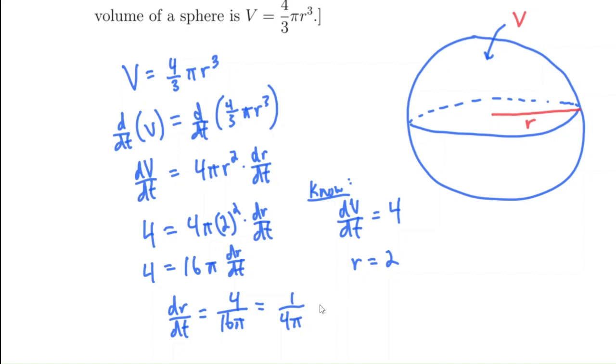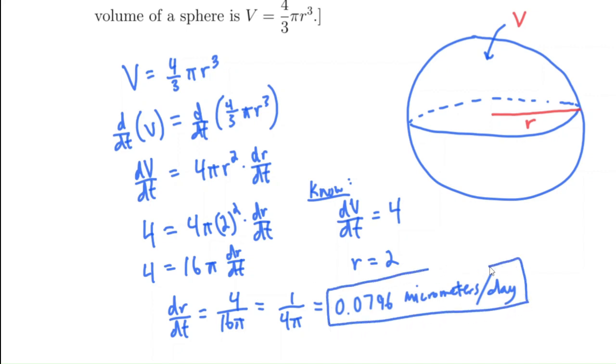Now, if you use a calculator, you can see this is really 0.0796, and this would be micrometers per day. Okay, that's the rate of change. So this is rounded to 4 decimal places here. That's the rate of change of the radius. Okay, 0.0796 micrometers per day. That's how fast the radius is changing when the radius is 2.